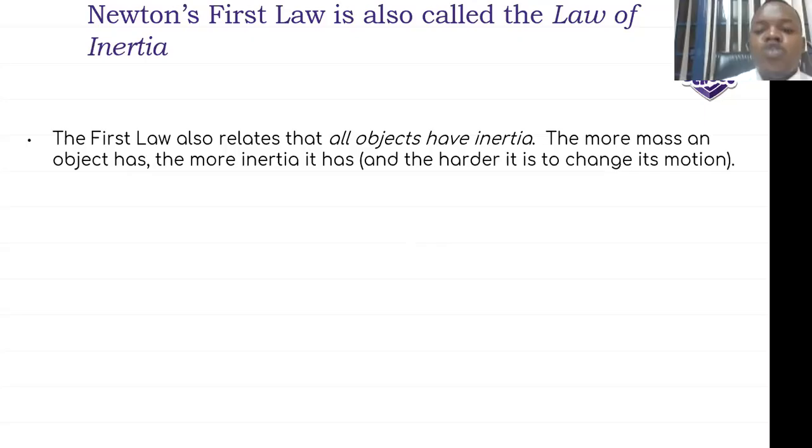So the more mass an object has, the more inertia it will have. The more that particular object will resist a change in its state of motion or rest. And hence, the more mass an object has, the more inertia it has, and the harder it is to change its state of motion.